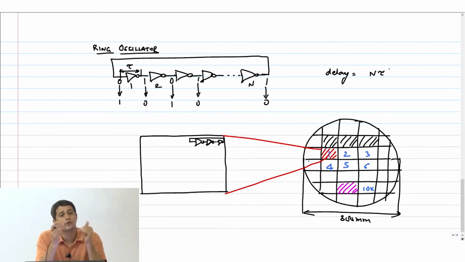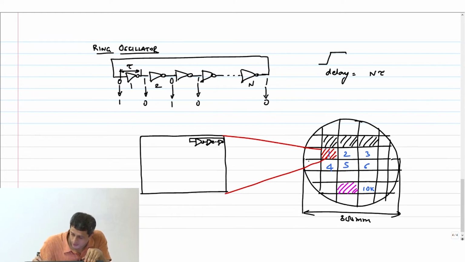Now, what is the frequency of operation? 1 by 2 n tau, because now that 0 has to become 1, 1 has to become 0, right? So if you look at the output of this ring oscillator, it will go like this.